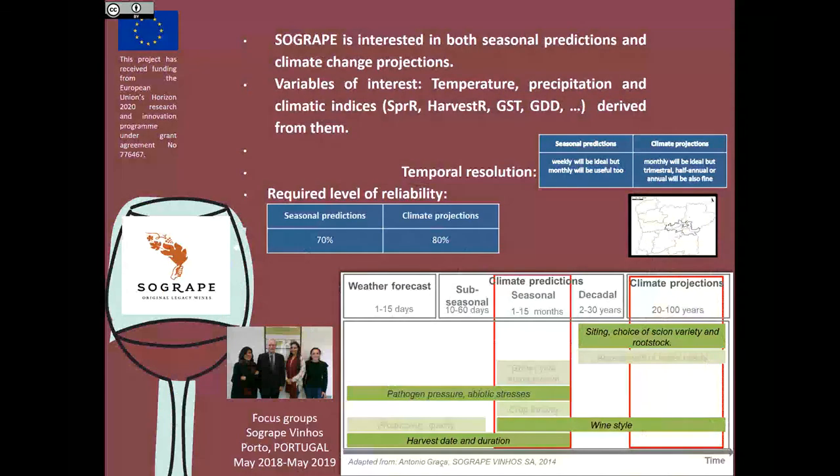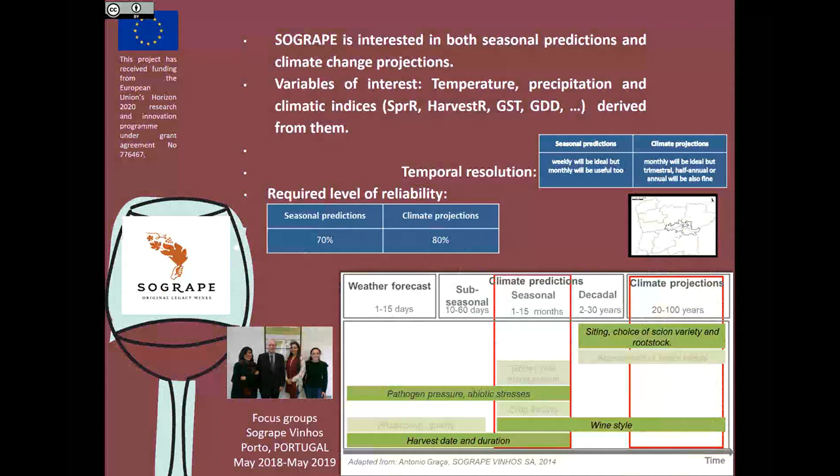So this is the overall landscape of the methodological framework that we are adopting. Now we can move to a specific example.